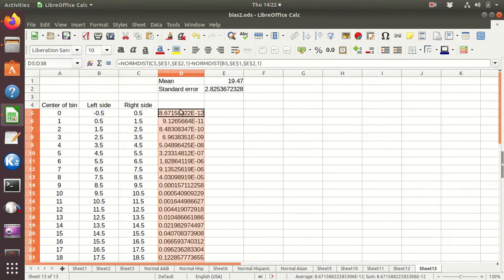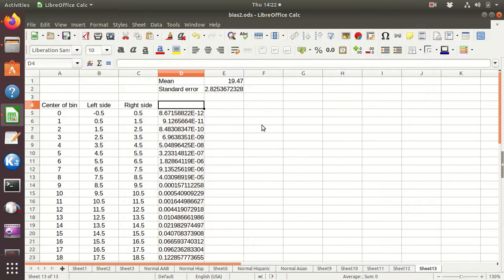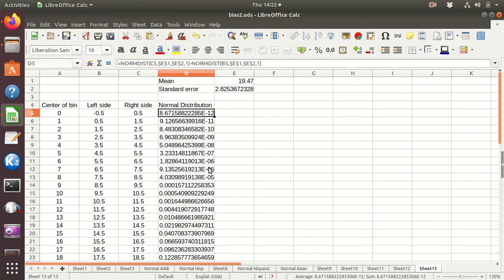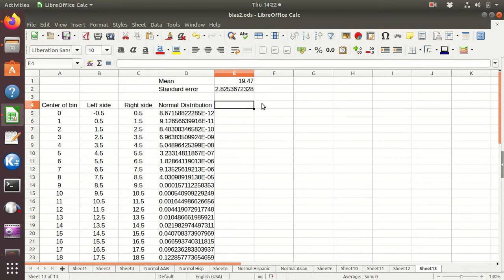and I think this said up here normal distribution. Okay, and that was a little too long, so I'll just make that a little wider. And then the normal approximation for what we're doing.